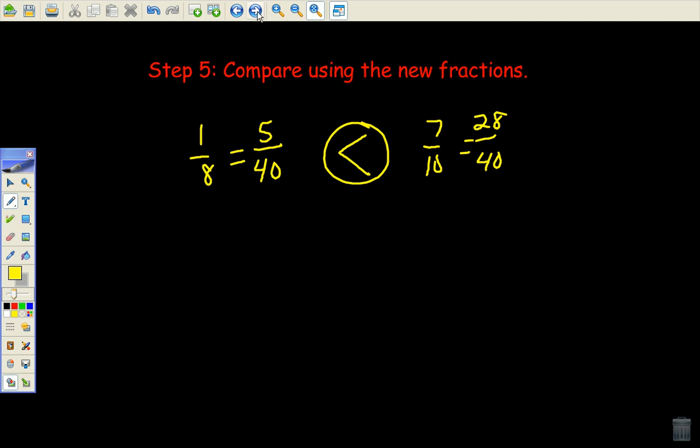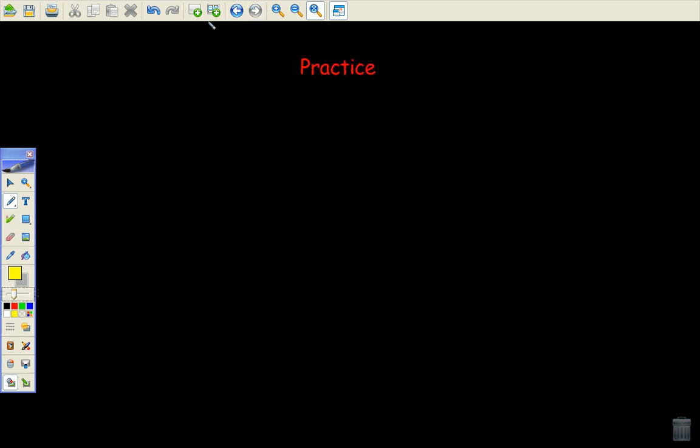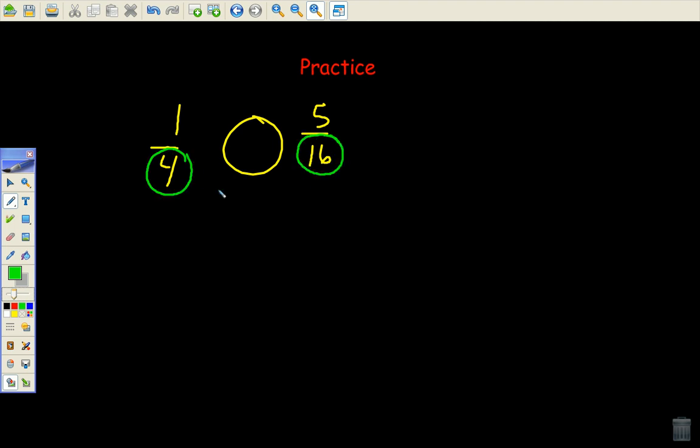So let's try another one going through the steps. You're going to be doing this on the student side. Let's say we're comparing 1/4 to 5/16. So step 1 said to look at the denominator. And I noticed that the denominators are 4 and 16. Now I'm going to write the multiples of each number.